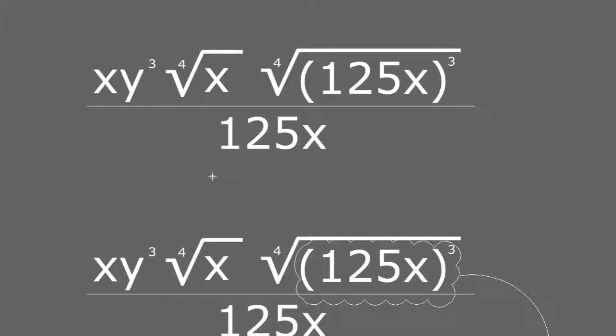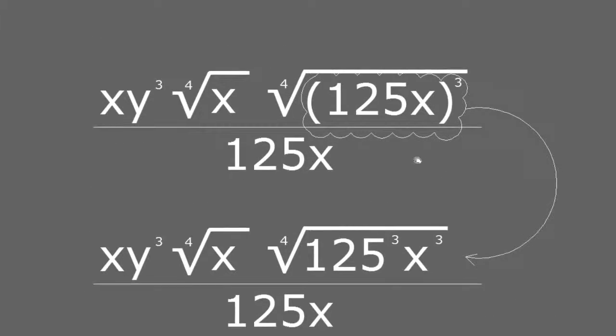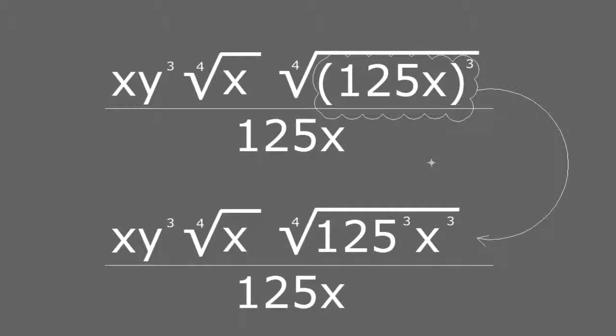What I'm going to do now is try to simplify what's left in here. First thing that I'm going to do is apply the exponent 3 to the 125 and the x separately. I can rewrite this as 125 cubed multiplied by x cubed.